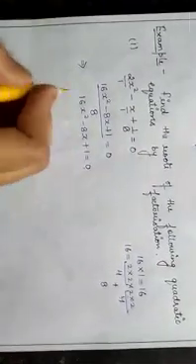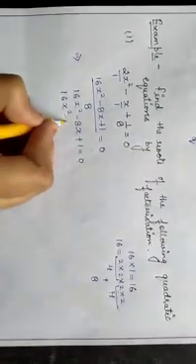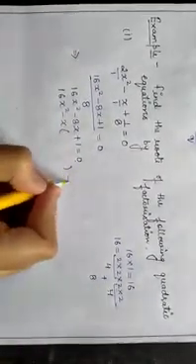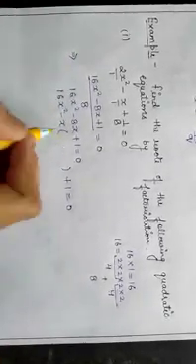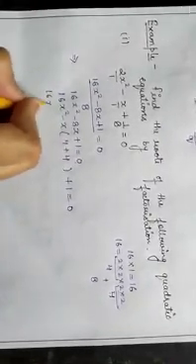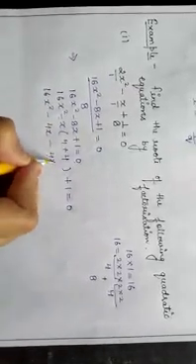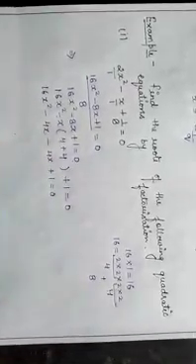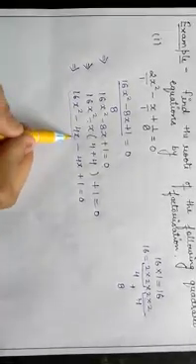So the expression 16x square plus 1 is equal to 0. I can write 8 as 4 plus 4, then 16x square minus 4x minus 4x plus 1 is equal to 0. After that it becomes two groups, the first group and the second group.